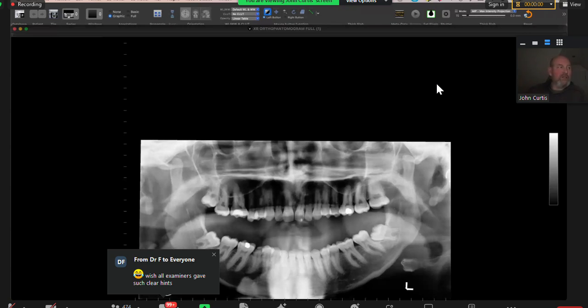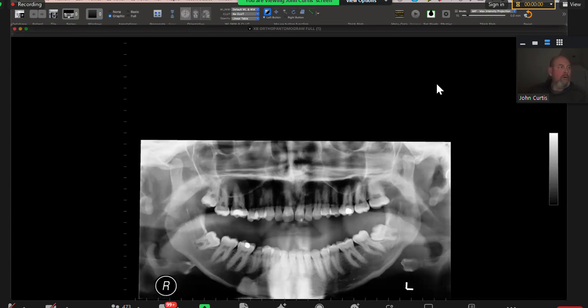Okay, this patient's got a sore mouth and jaw. So I'm provided with the OPG of a skeletally mature patient, and the patient has a sore mouth. I cannot appreciate any definite fracture line.